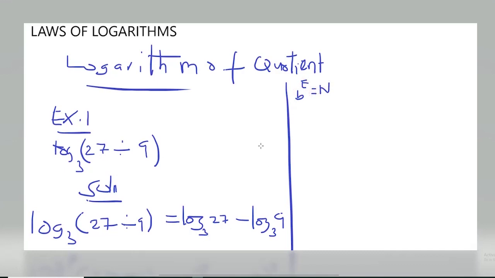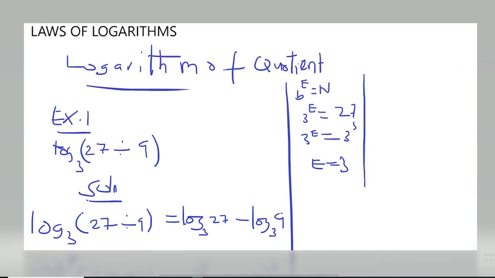Our base is 3, and 3 power exponent is equal to 27, so 3 power 3. The exponent is equal to 3.